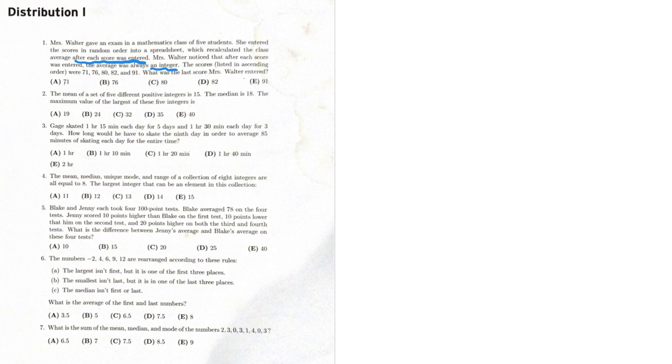Now we should know the average equals the sum of the numbers divided by the number of numbers. So the sum of the first 2 students' scores must be divisible by 2. The scores could be the odd numbers, 71 and 91.